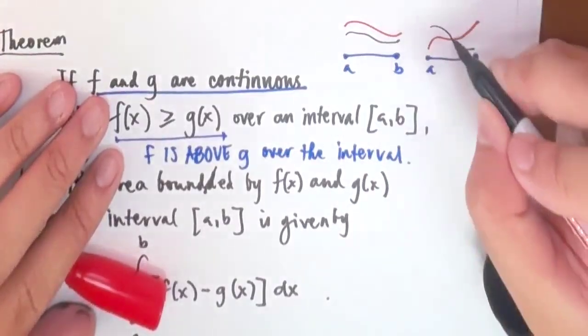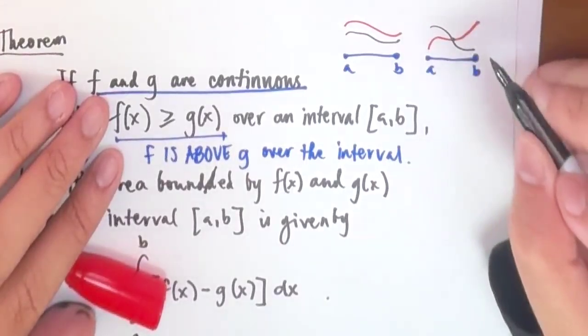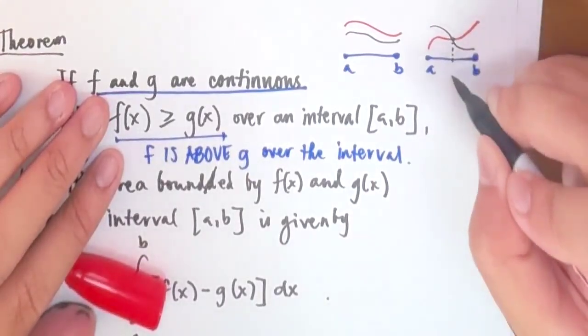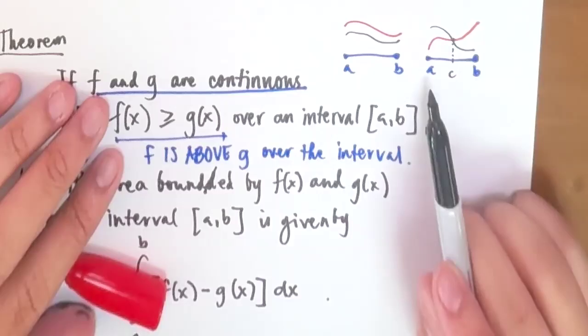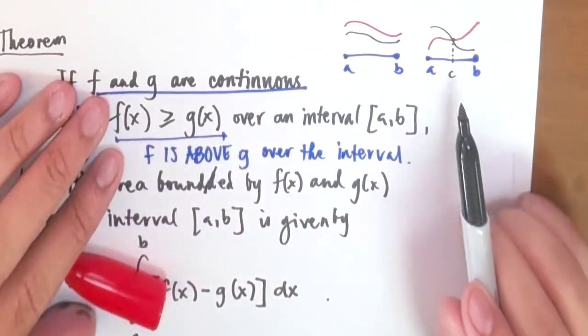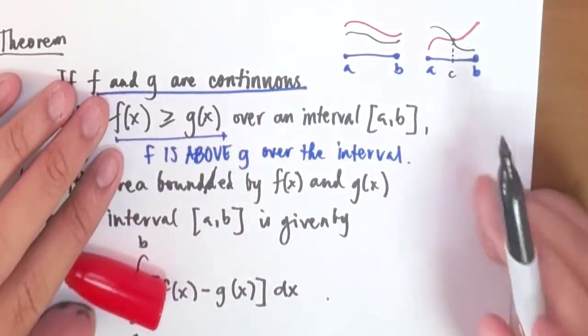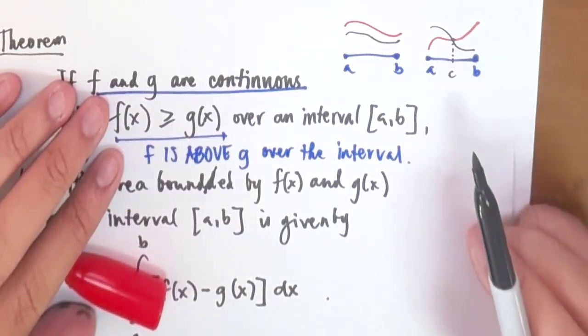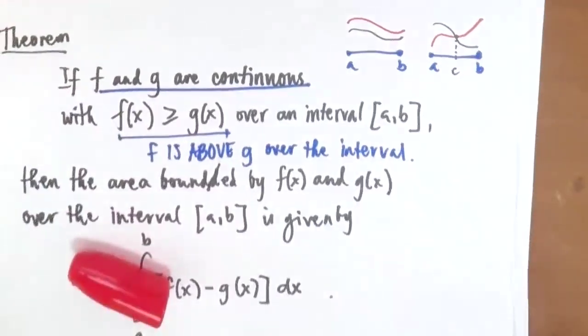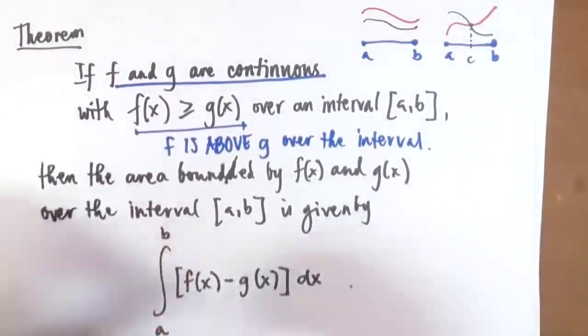In fact, at this point right here, it changes. So let's call this point C. So in interval AC, the black is above the red, and from CB, the red is above the black. Okay? Which is important if you're given a certain function and you're asked to set up the integral.